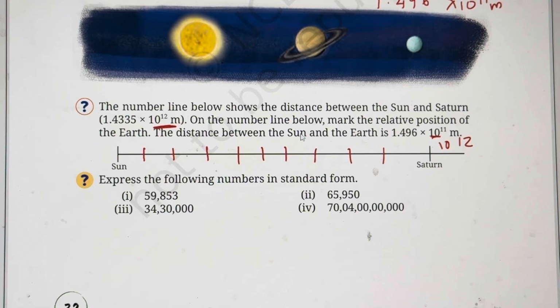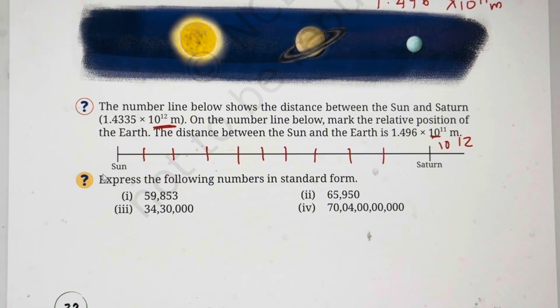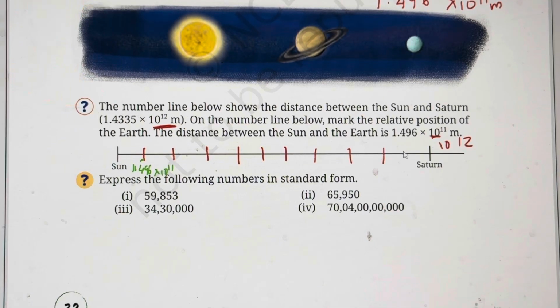You can use a scale and divide into 10. So where will the earth be? The earth is here, this position. 1.496 into 10 raised to 11, because the difference is of 10 times. The difference is 10 times. So that makes a huge difference when talking in terms of power, right?